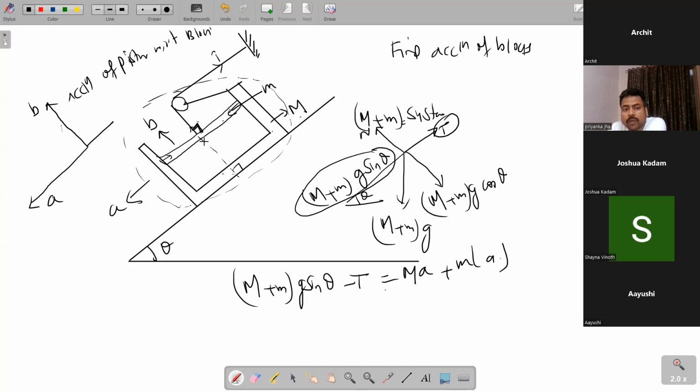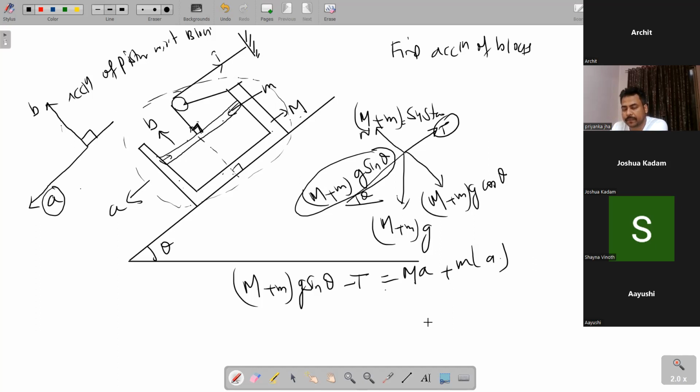So this piston will move along the normal to this inclined plane. So this is perpendicular to this. So there is no component of B along the inclined plane. So it will have the same acceleration as this block because it is moving with this block. So MA plus small m. Clear?